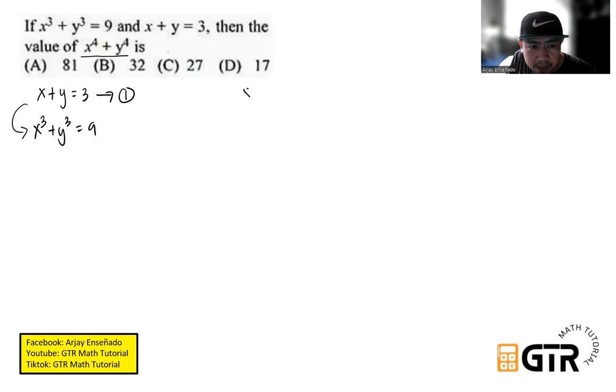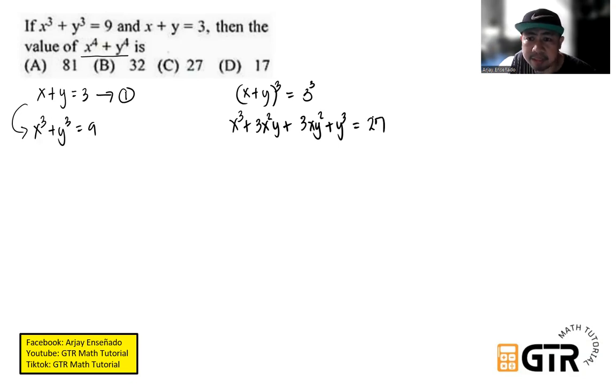So we have (x plus y) cubed equal to 3 cubed. For the cube of a binomial, we have a direct formula. That is equal to x cubed plus 3x squared y plus 3xy squared plus y cubed equals 3 cubed, which is 3 times 3 times 3, equal to 27.